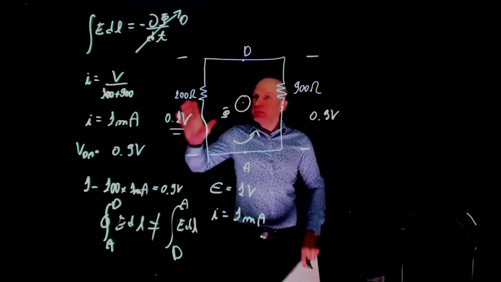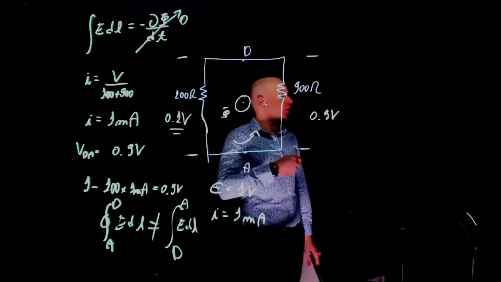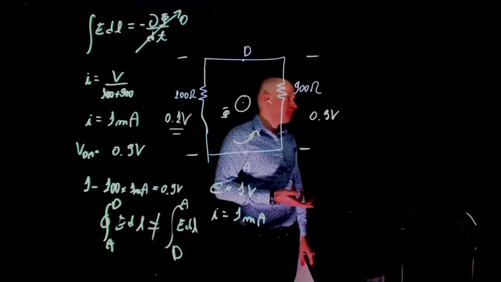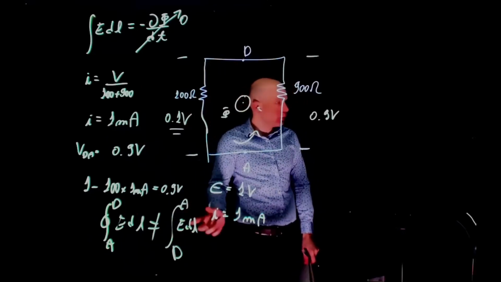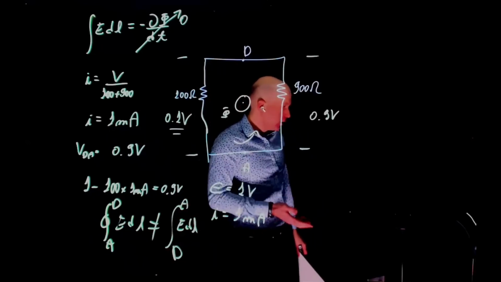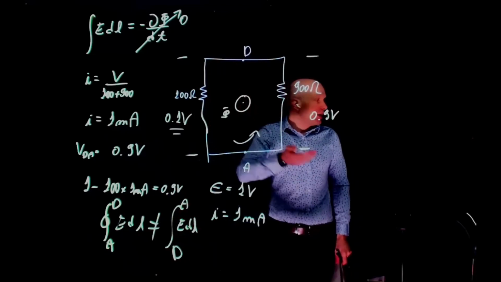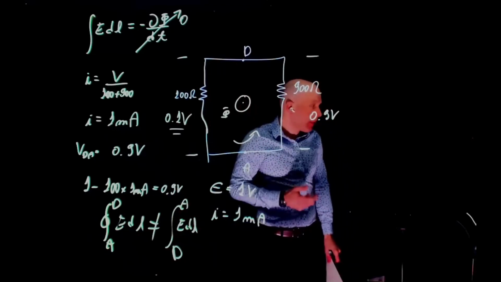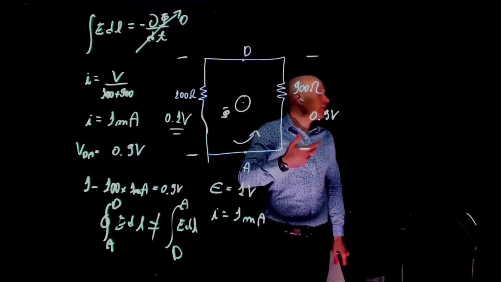The work done by the charges that have to travel here now depends on the path they take. In a conservative field, that doesn't matter. If you go from A to D, from D to A, it's fine. Think about lifting a mass, for example. It doesn't matter which path we take, the potential energy of that mass will only depend on the initial and the final point, not on the path it takes.